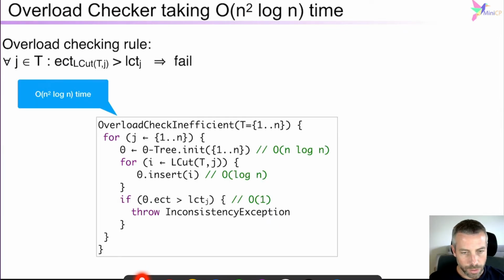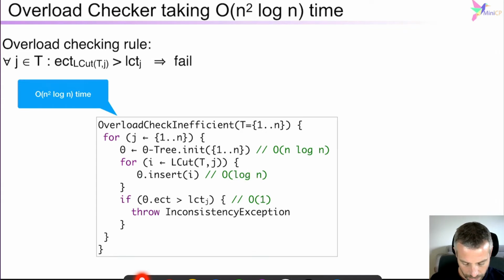If you write down the pseudocode for the algorithm using this filtering rule, this overload checking rule, this is what we have. So for all the activities J, we initialize the theta tree, okay? The initialization of the theta tree is only to compute the earliest completion time of the left cut. And then we introduce all the activities that belong to the left cut of J. Okay, that's log n for each insertion.